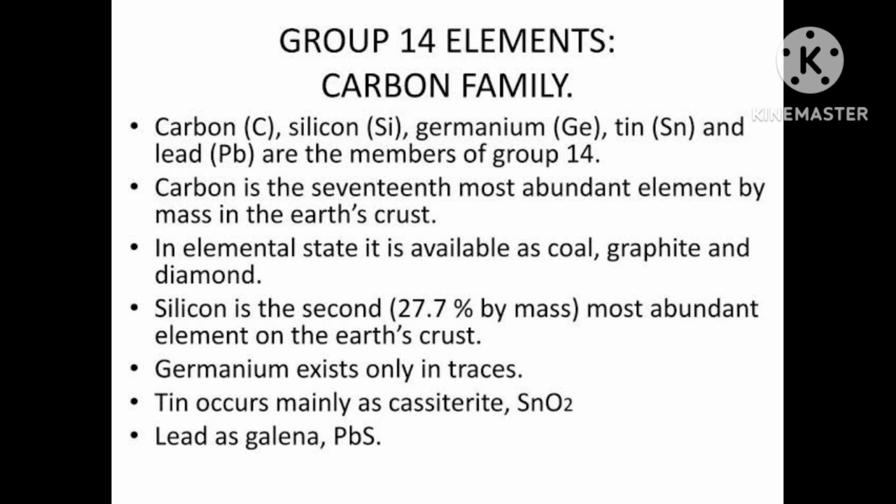Third example, germanium dioxide, GeO2. One oxygen means -2, two oxygen means -4, so germanium will be +4. Same way in SiO2, two oxygen means -4, so Si will be +4. Carbon the same way: CO2, carbon is +4. These oxides are acidic.